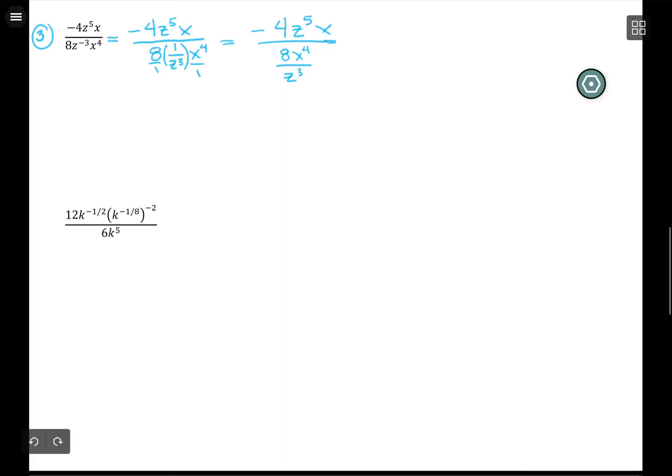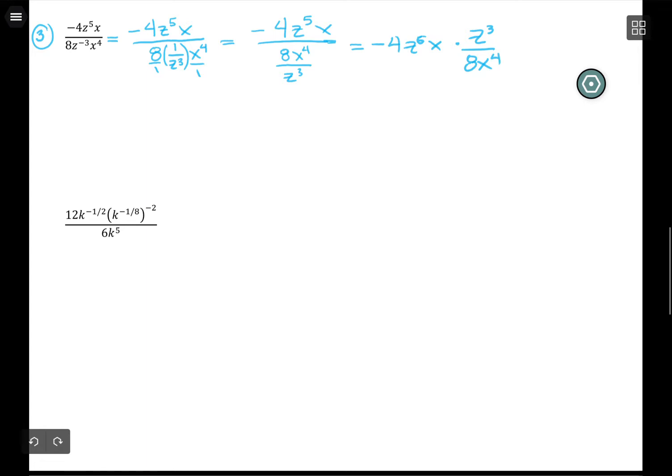What we're saying here is we want to divide negative 4 z to the 5th x by 8x to the 4th over z cubed. And always dividing is the same as multiplying by a reciprocal. So we're going to flip it: z cubed over 8x to the 4th.